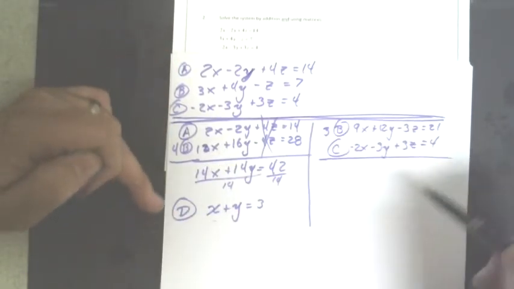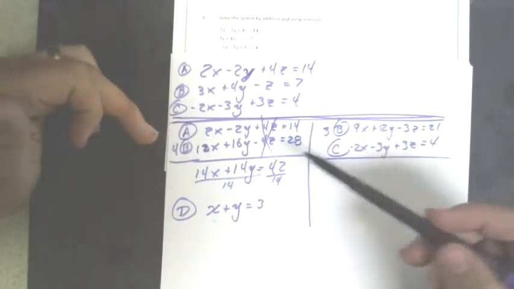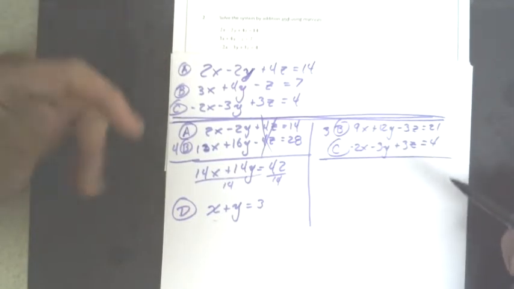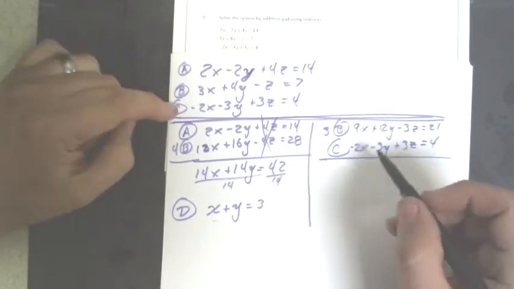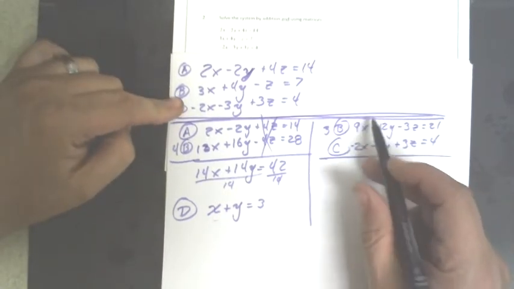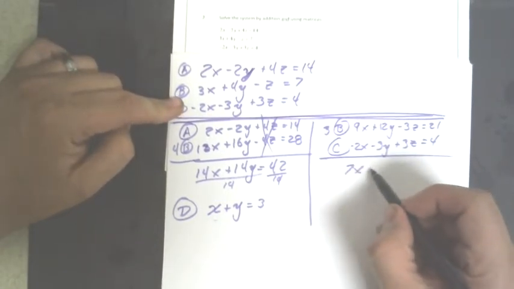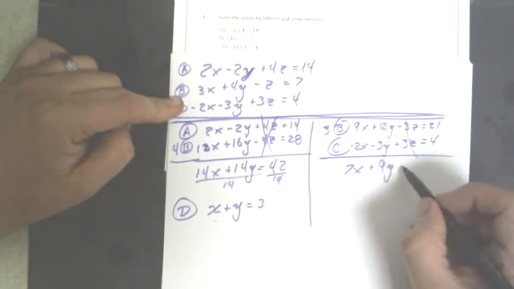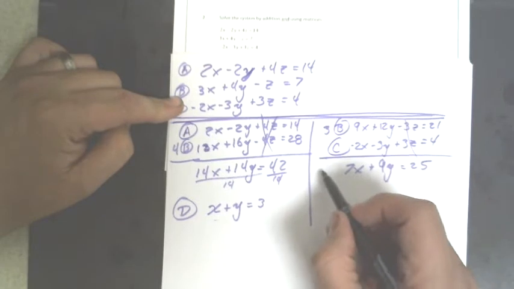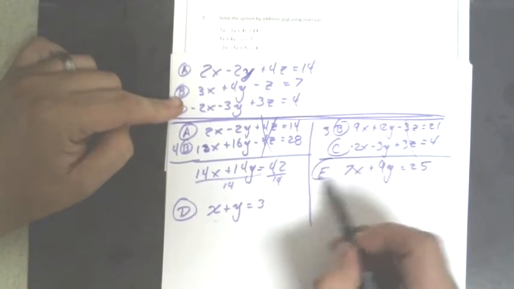Again, this organization method is just how I like to organize them. Organize them however works for you or has worked for you, but some sort of organizational scheme can be really helpful. So add those together, 7x plus 9y, those go away, equals 25, and that's E.